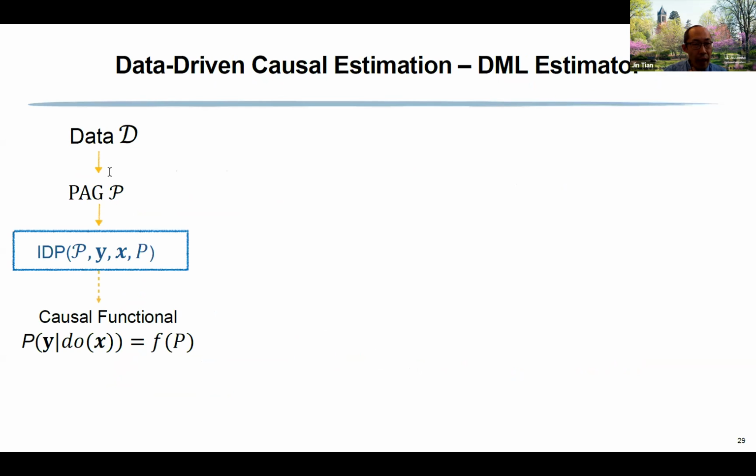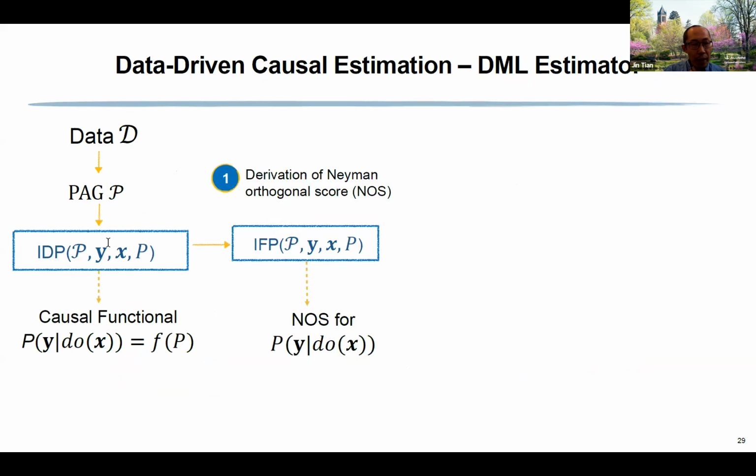So what we have done here, I will not go into the detail, just give a rough outline. Based on the IDP algorithm, we have designed an algorithm which, given a DAG, given a PAG, given a target causal effect, will derive a Neyman orthogonal score for the target causal effect.